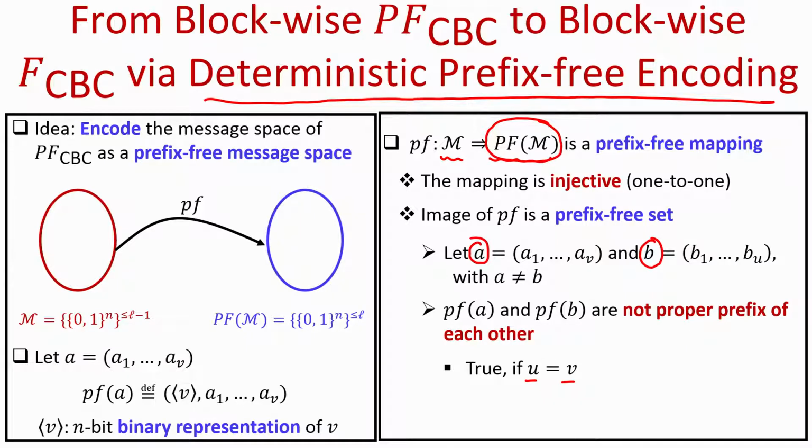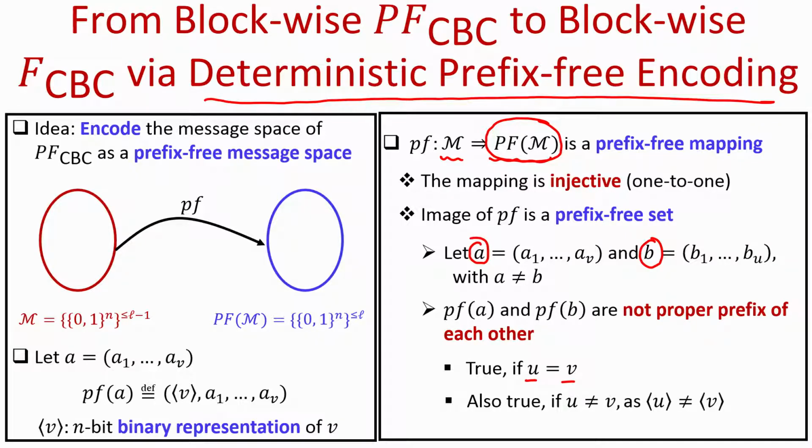So, the claim is trivially true if U is equal to V. Whereas if U is not equal to V, that means the number of blocks in A and the number of blocks in B are not the same, and still A is not equal to B, then definitely the binary representation of the number of blocks in A and the binary representation of the number of blocks in B will be different.